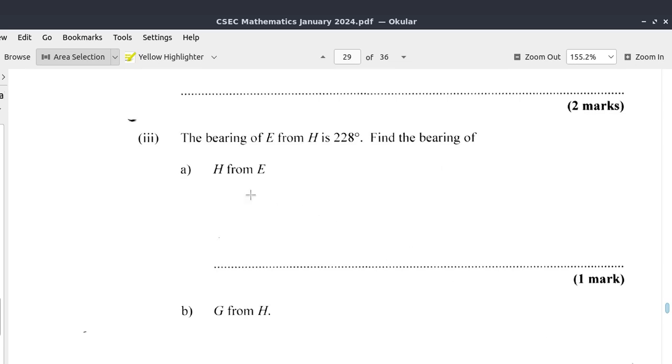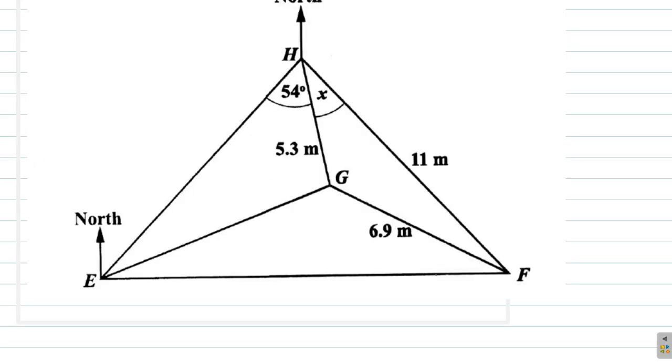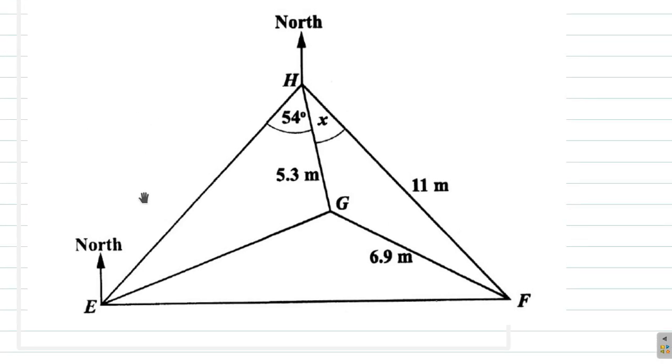So they say the bearing of E from H is 228. When you say E from H, we look at the line that joins E and H. When you say from H, it means the arc and the north line will be there. So you're going this way. E from H, you're looking at this angle here, and they say 228.